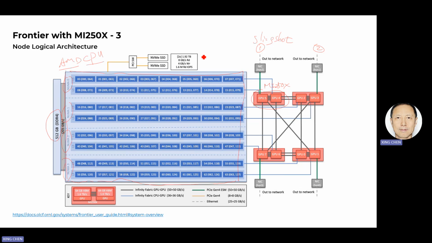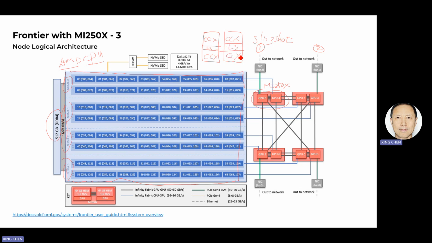What it means is that the AMD CPU has a chiplet design. You have the L3 cache here, and you have the CCX, the compute complex. Each NUMA node, each NUMA domain, has 2 chiplets, each with CCX and L3 cache.